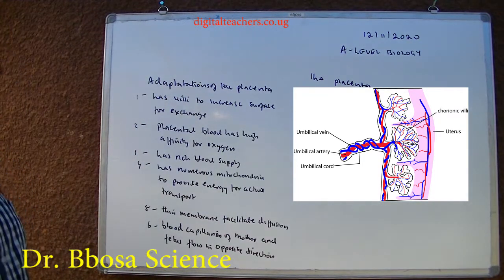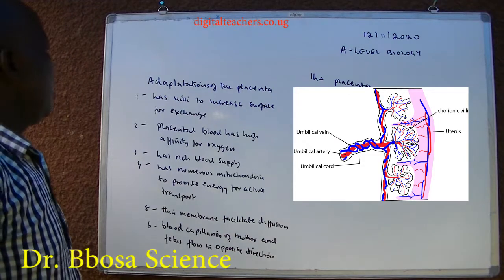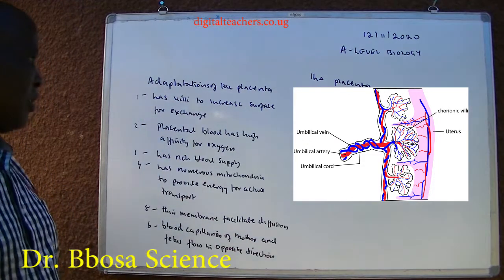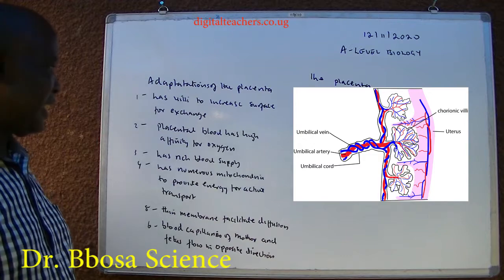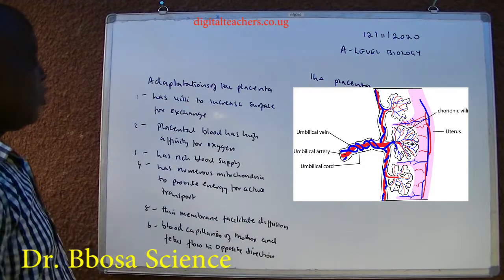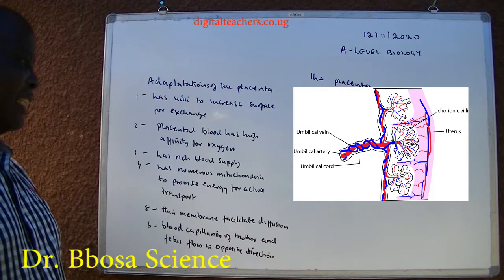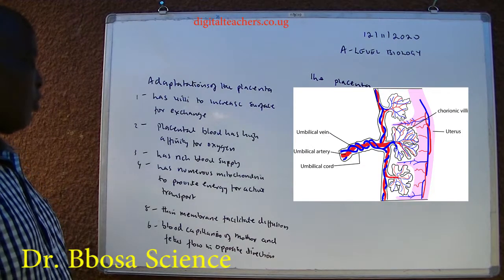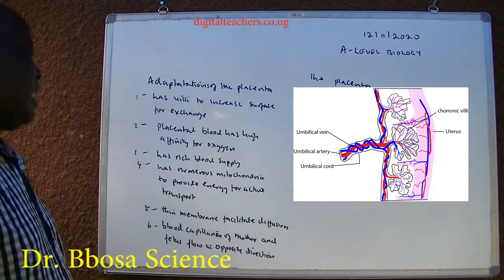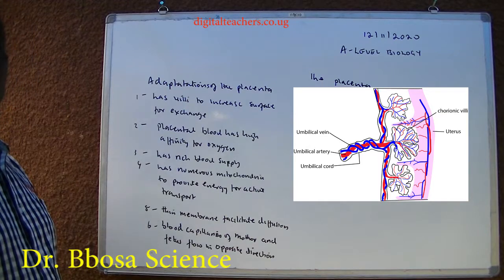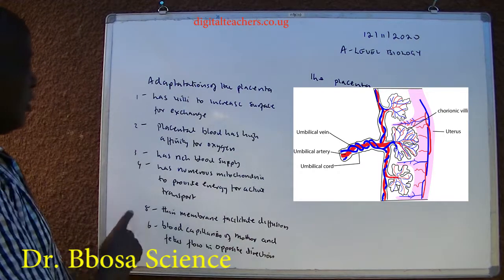Adaptations of the placenta. 1. Has villi to increase surface area for exchange. 2. Placenta blood has high affinity for oxygen. 3. Has rich blood supply. 4.